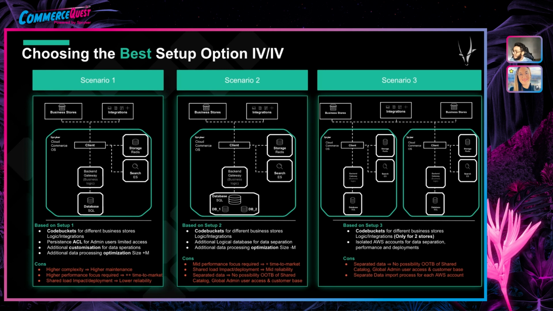So it depends again on which data point or which feature, because there are features that support per-store context, so you can have the data point per store, but there are other data points that are not per store. In this case, you would need to customize it accordingly.